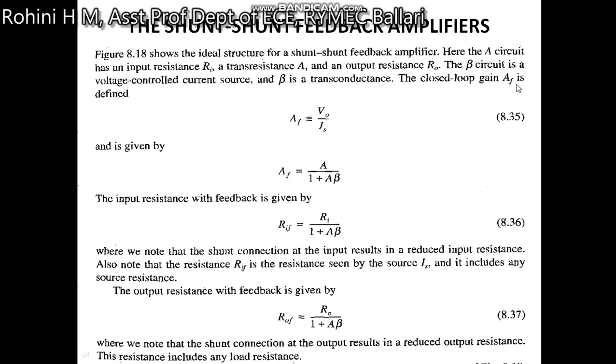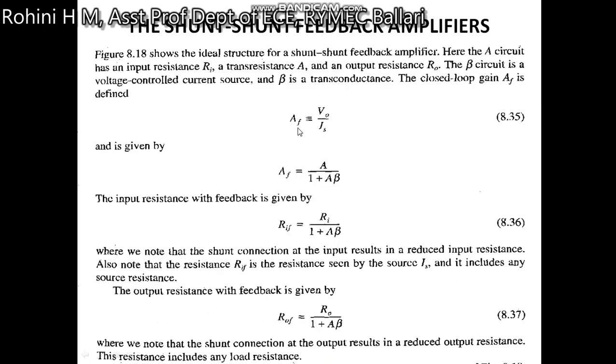The closed loop gain AF is therefore defined as, look at the circuit. What is at the output side? V0. What is at the input side? Is. So gain is equal to output by input. Therefore gain is given by V0 divided by Is.